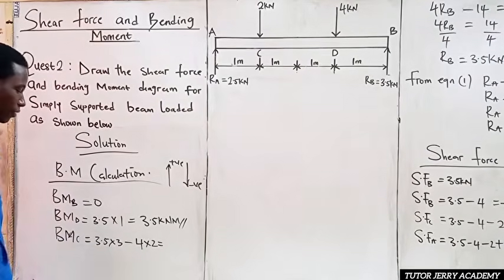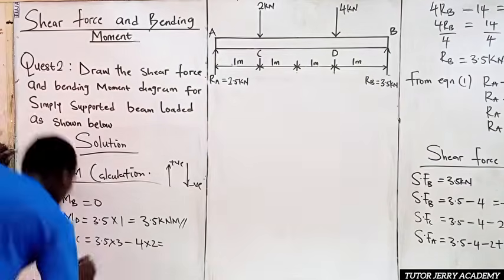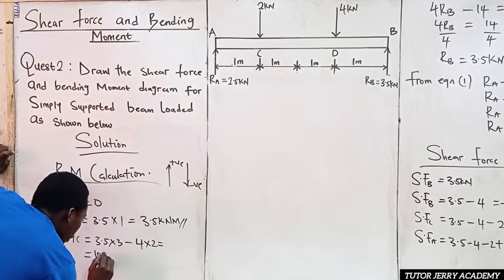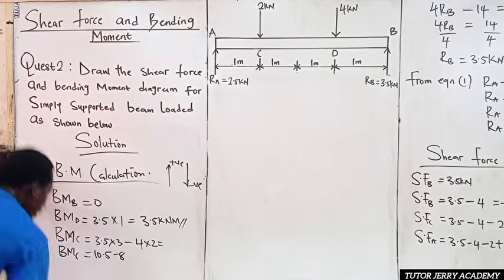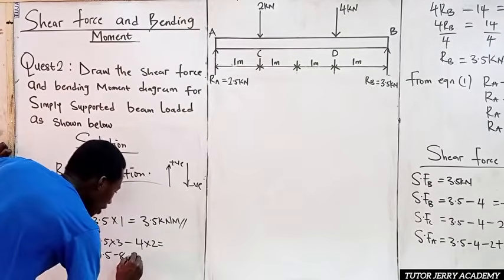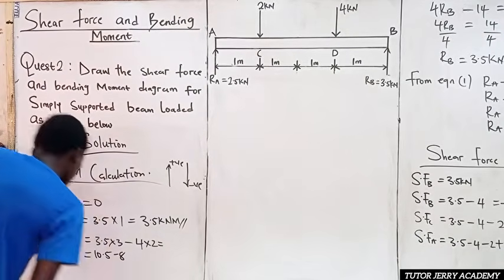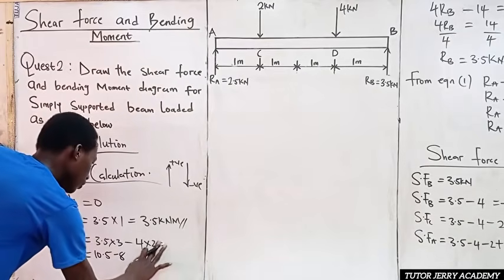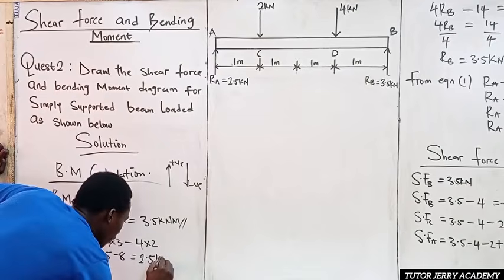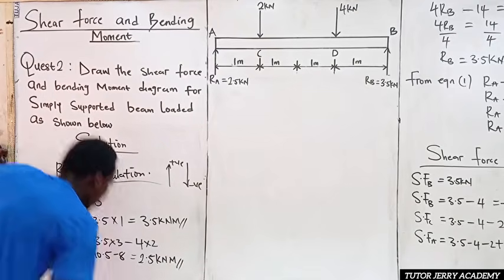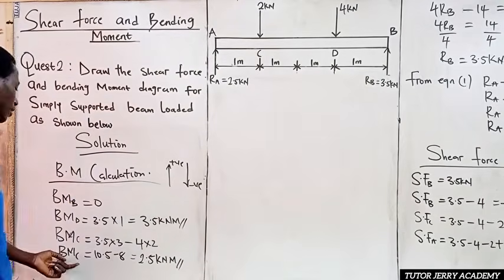Minus 4 multiplied by 2 is minus 8. So bending moment at C is equal to 10.5 minus 8, which is equal to 2.5 kilonewton meter. So this is our bending moment at C.